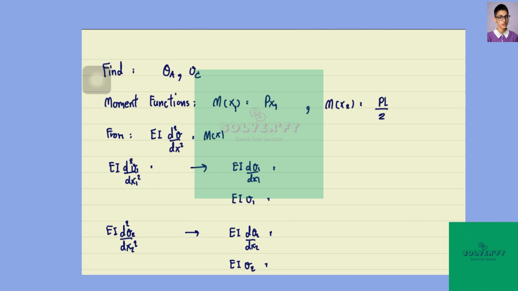From the elastic curve and slope equations, we have that EI d²v1/dx1² is equal to M(x1), which is P x1.